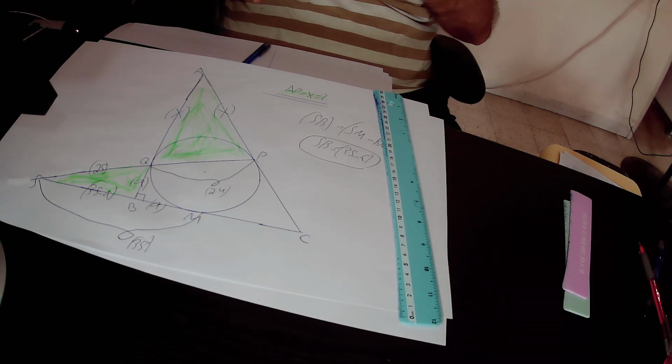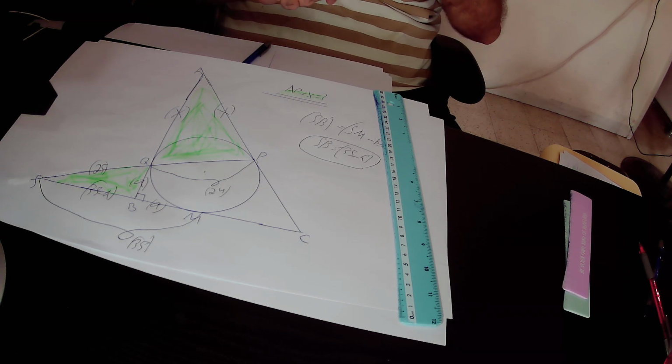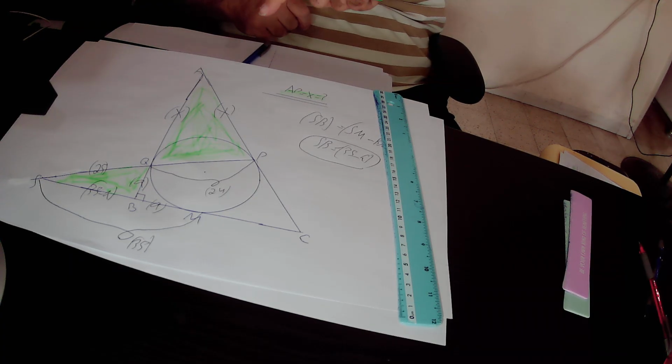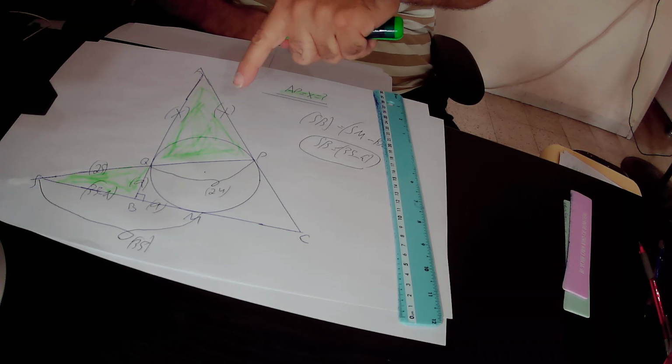So, in the next step, we do a construction. From the vertex A of the isosceles triangle AQP, we will go perpendicular to the base QP. Again, from A, we will go perpendicular to the base QP.